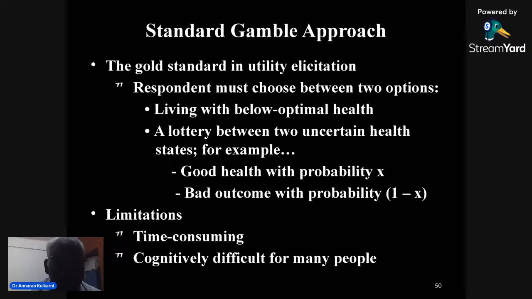How low does the probability of death have to be for you to be indifferent between your certain health with a body mass index above 35 and a gamble of taking the surgery, which would lead to death or perfect health? The probability, or the p-value, derived from this scenario reflects the utility of the certain health state under consideration, in this case a body mass index above 35.